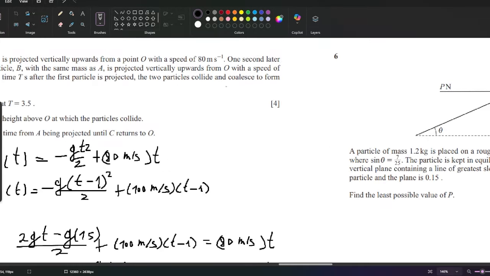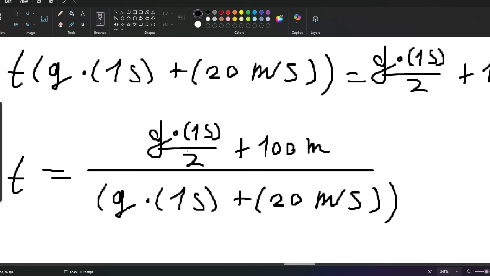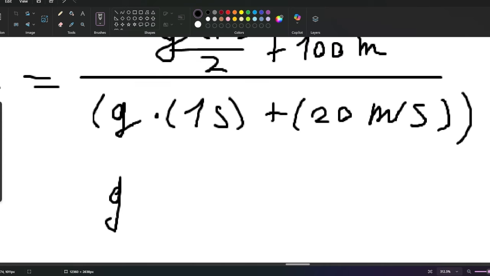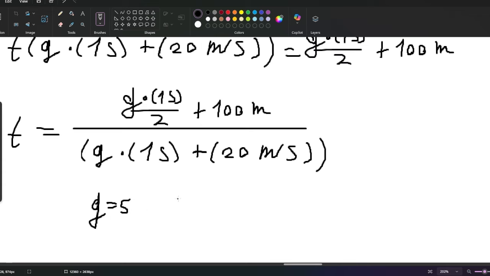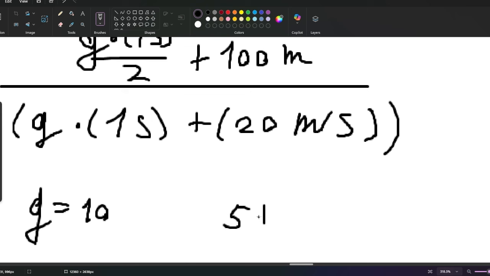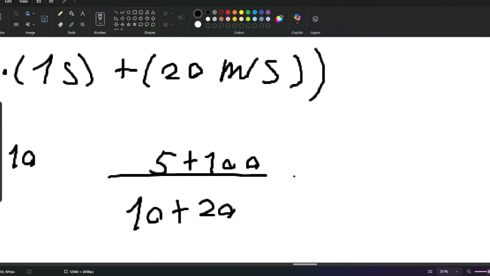Alright, that's the time. Now we need to show that that is equal to 3.5. Do I have to? Right, let's do some basic calculations. Let's say that g is equal to 5. Not 5, 10. So 5 plus 100. I'm not going to bother with units. Sorry. Not sorry. 10 plus 20, so we have 105 over 30.